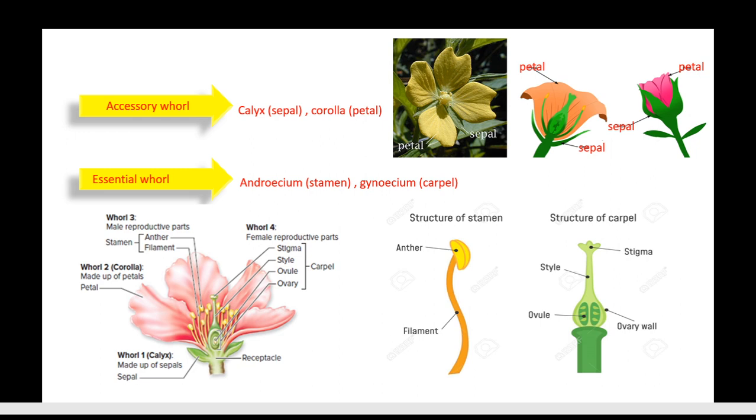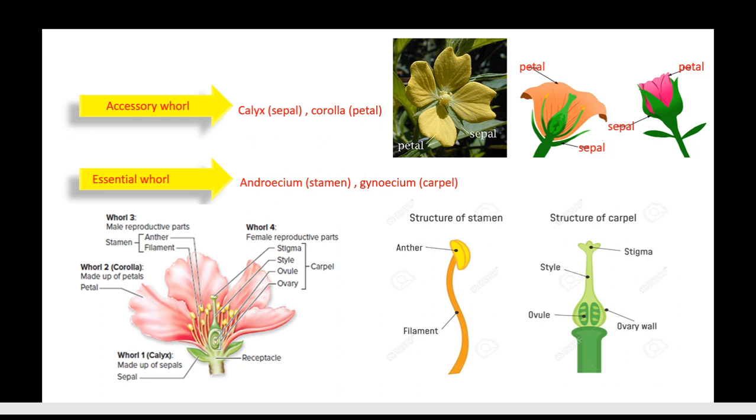If out of the two accessory whorls only one whorl is present, it is called a monoclamydeous flower. Point out, you have to write here now: if out of the two accessory whorls only one whorl is present, the flower is called a monoclamydeous flower.